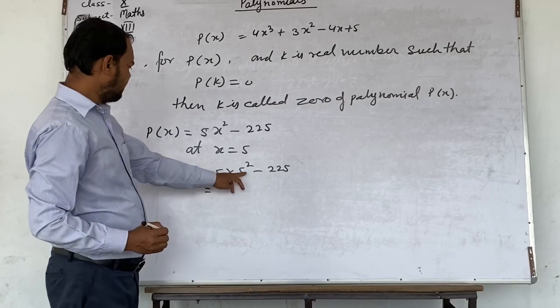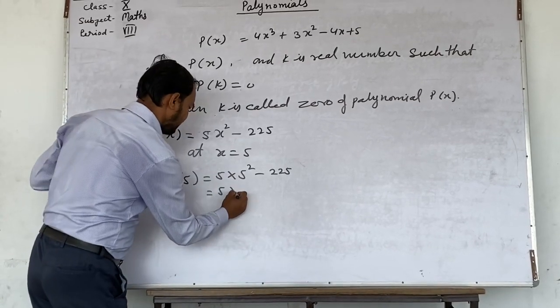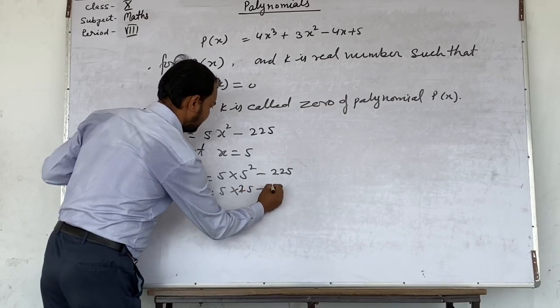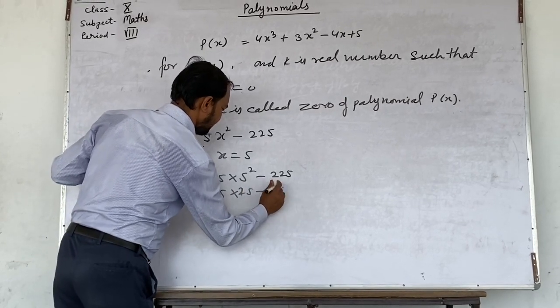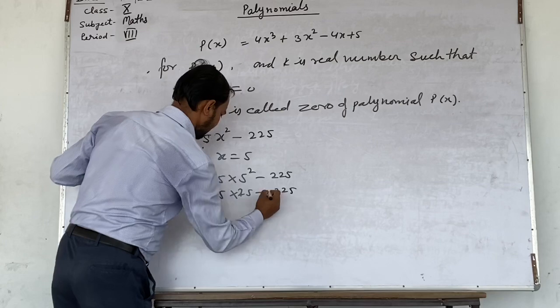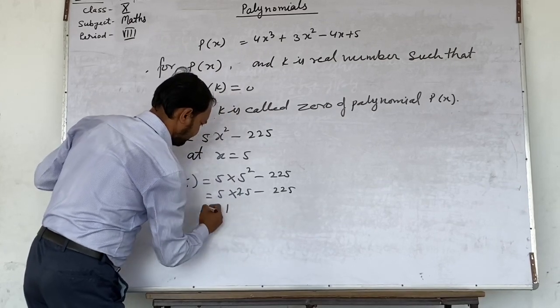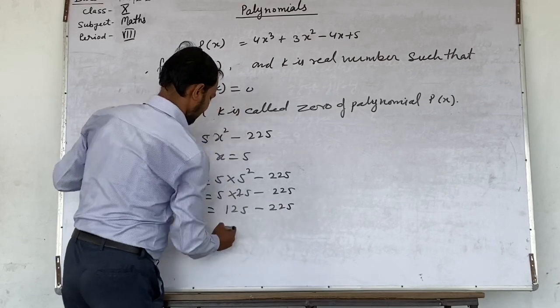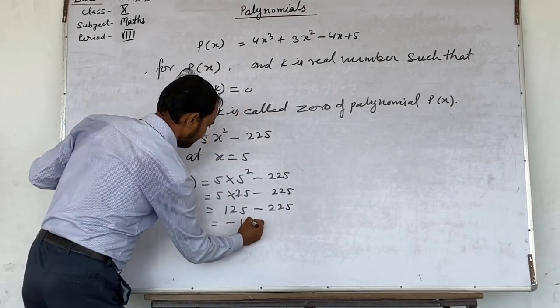So this is 5 into 125 minus 220. Here, 125 minus 225 gets minus 100.